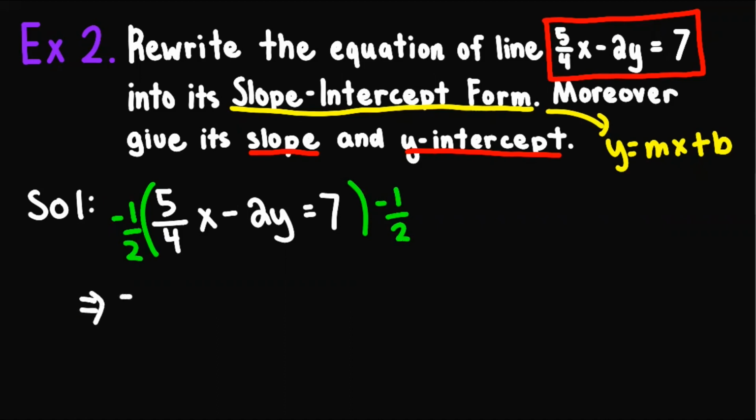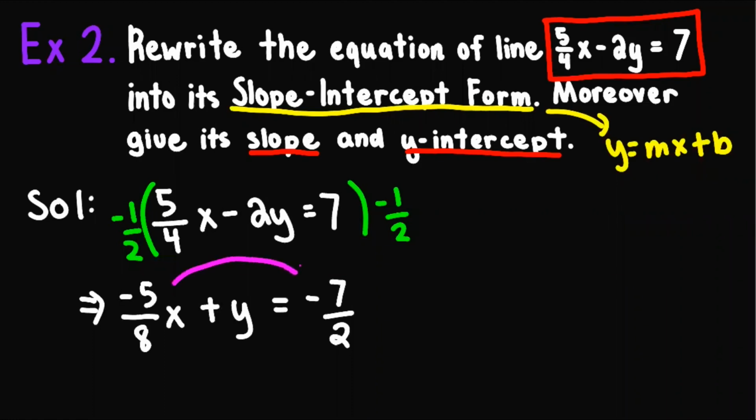By doing that, we'll have here -5 over 8x. Then the coefficient of y will become 1. And this one is equal to -7 over 2. Lastly, we know that y must be isolated on one side of the equation.